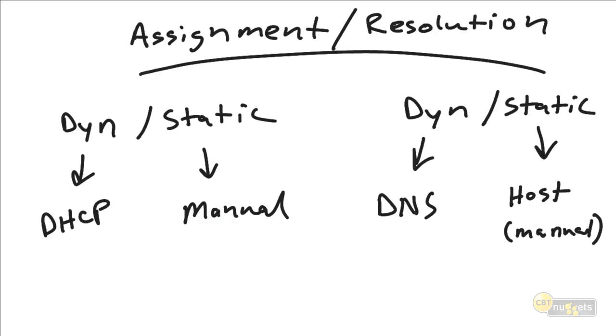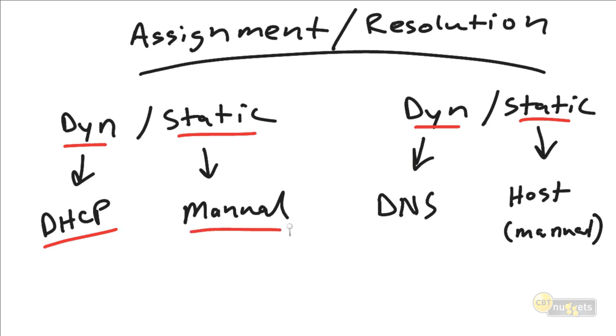Now, the last thing I want to talk to you about here in the area of v4 design for addressing is assignment and resolution issues. And guess what? It's a decision that we're going to be making on dynamic versus static for both of these. For instance, we have to design what devices will be dynamically assigned address information. And it's the DHCP service that we would rely on for that. What about static assignment?